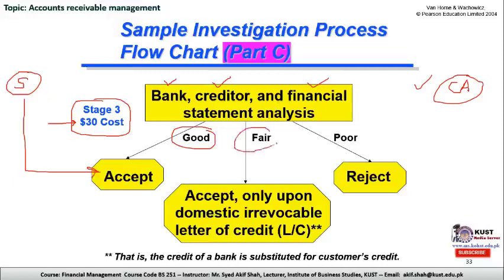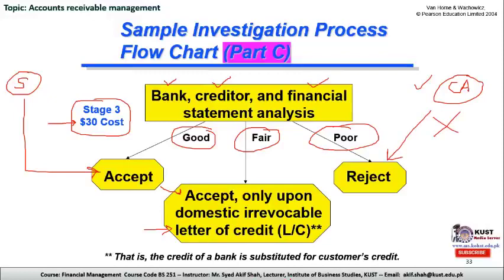If the result comes up fair, then the supplier will accept only upon a domestic irrevocable letter of credit. Now, what is an irrevocable letter of credit? We'll discuss it shortly. And if the result of the bank credit and financial statement analysis is poor, then the supplier will reject the credit applicant's application and will not sanction the credit sales to that particular firm.